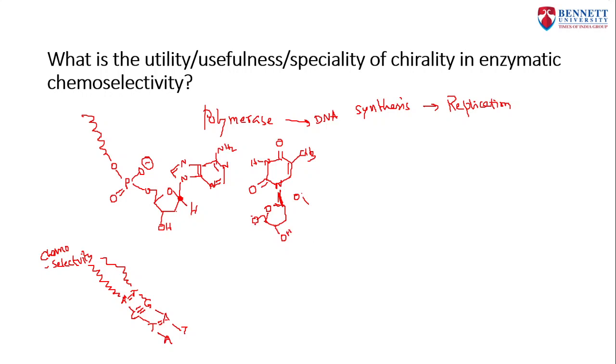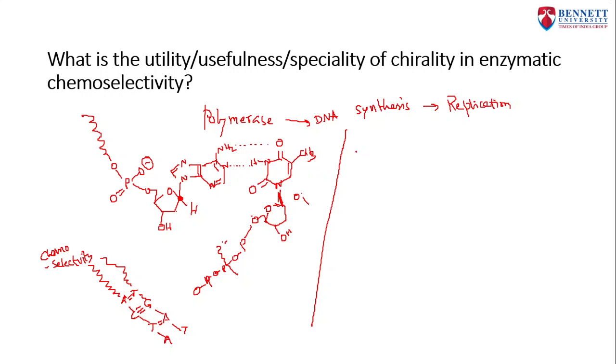Okay, this part is the triphosphate, and if there is a hydrogen bonding match, it will lead to breakdown of this phosphate and only incorporate until this part in the opposite chain. So that is how it makes sure that there is a hydrogen bonding match and the chemoselectivity is ensured.